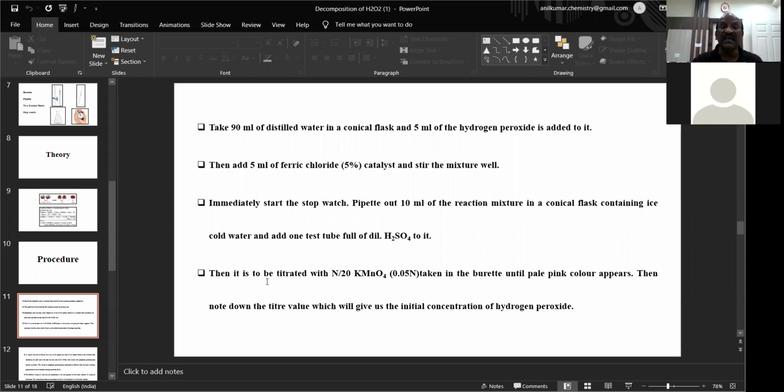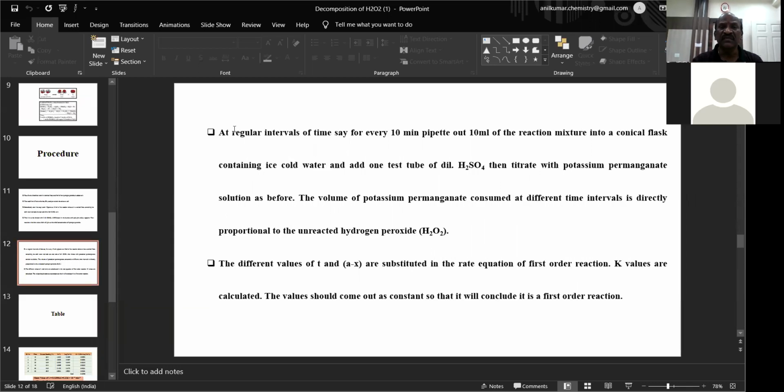Then it is to be titrated with the KMnO4, which is 0.05 N solution, until a pale pink color appears. So colorless to pale pink color will appear. When the pale pink color comes, we stop the burette, note down that reading in tabular form, and throw away that solution.